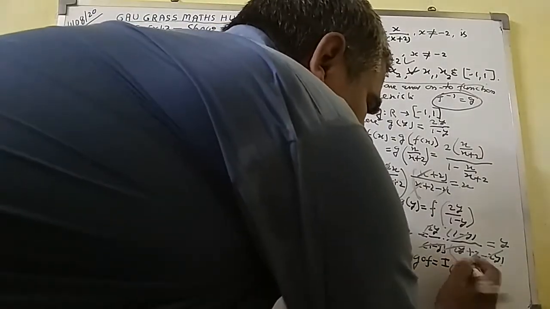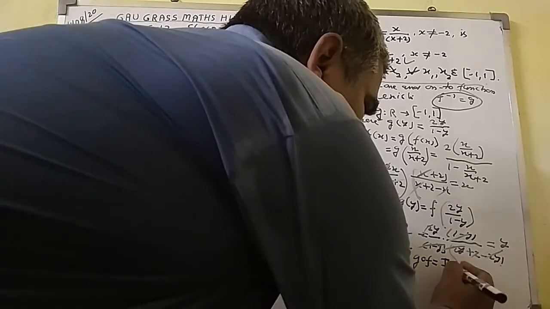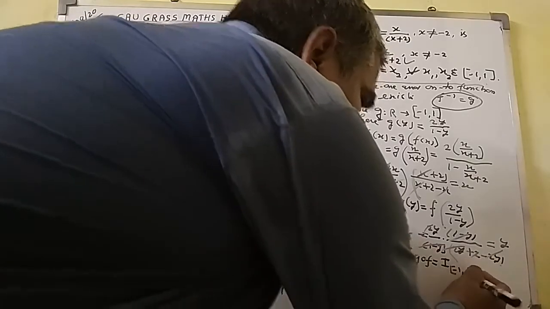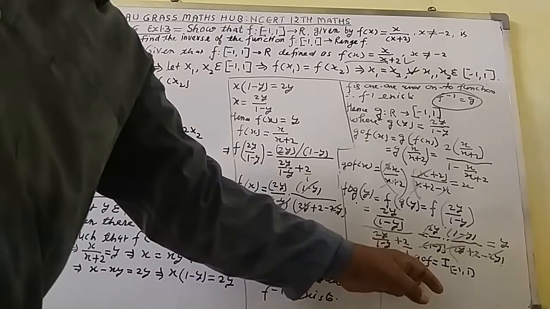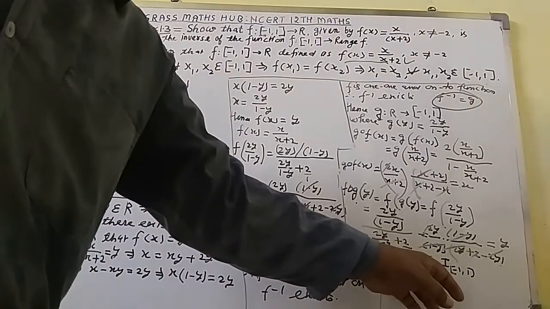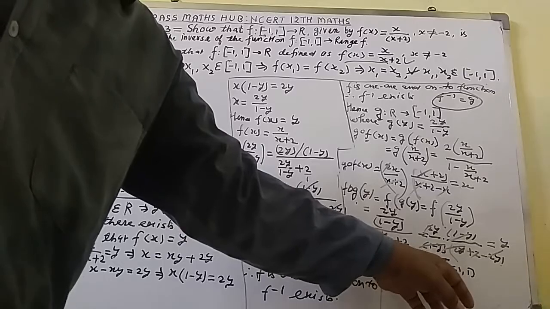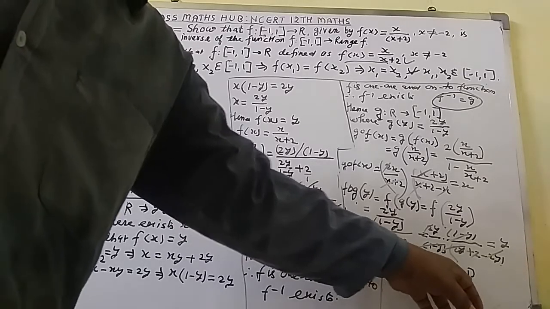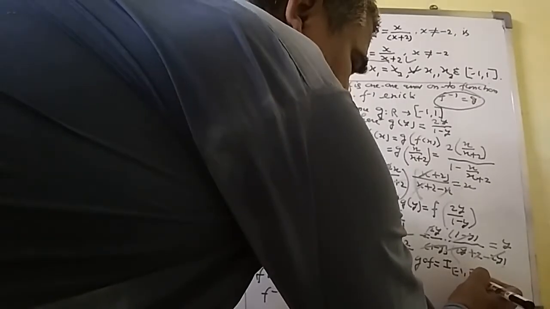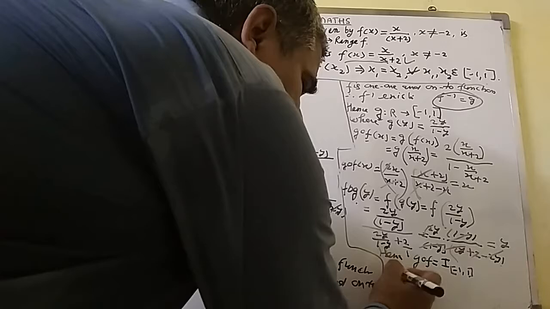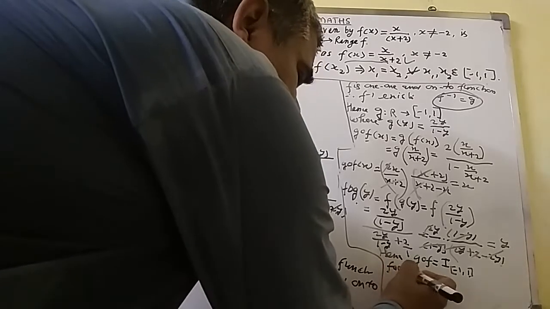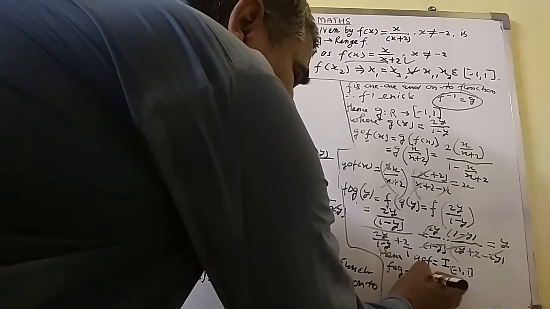That is the closed interval -1, 1. So here I have got g o f equal to identity function on the closed interval -1, 1. And what about f o g? f o g equal to identity function.